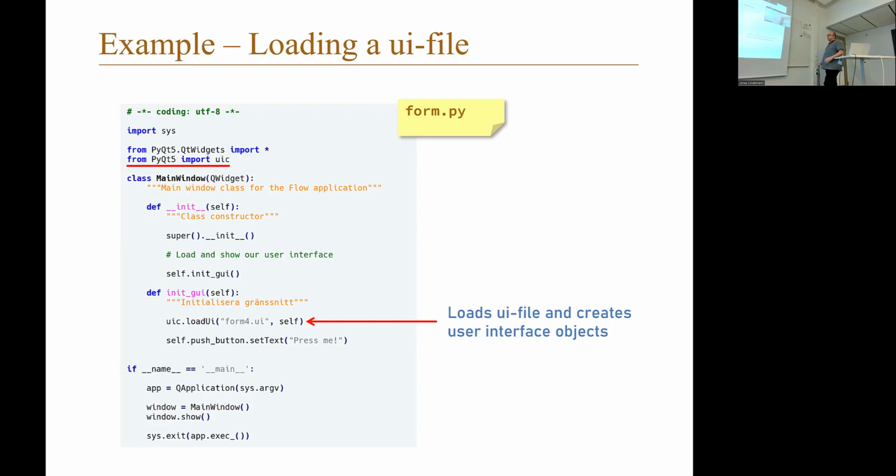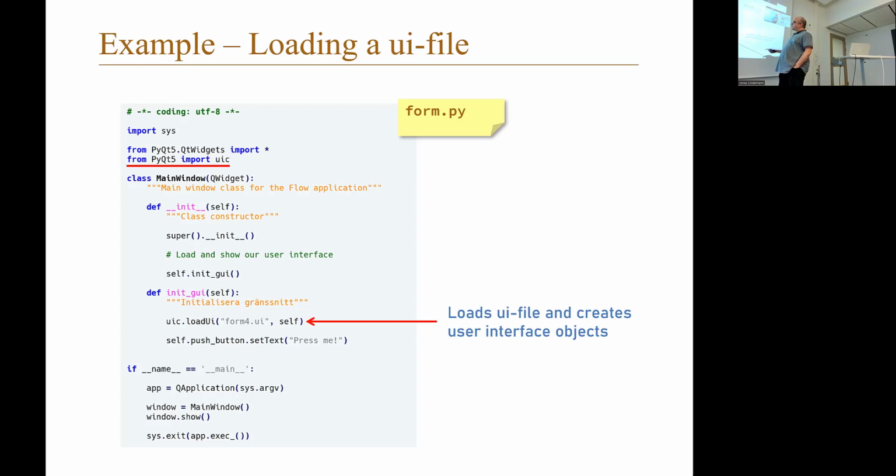So the way you do it is that you load your user interface file. There is a special module called UIC, User Interface Compiler, and you call loadUi, and then you give it your form UI file with the controls that you created from Qt Designer. This is where it will create the objects.